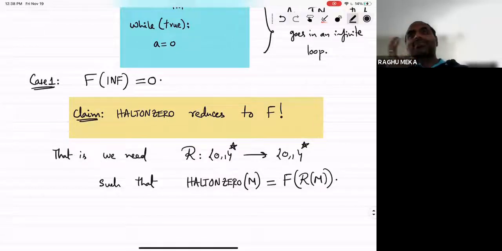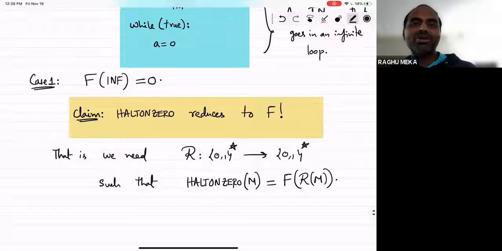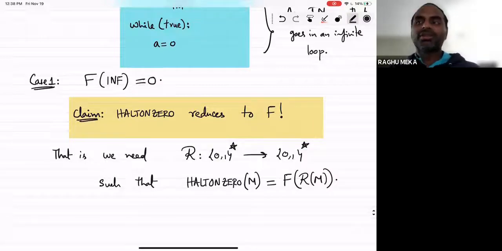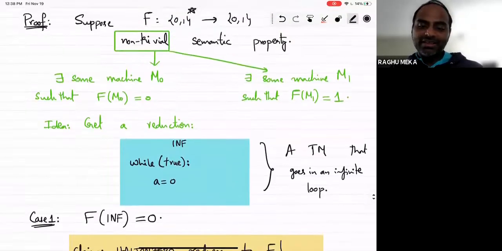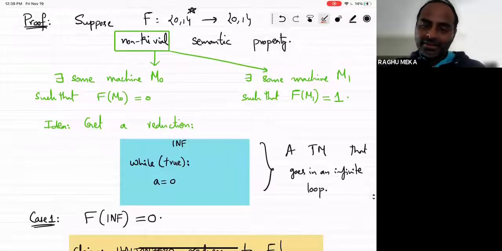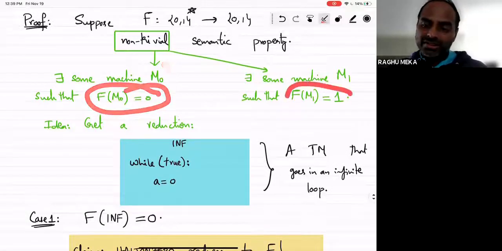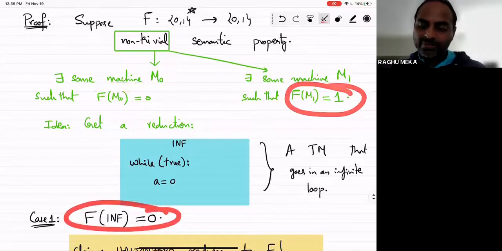Okay, this seems kind of very hairy, right? We don't know much about F. I don't even know what F is, but I'm telling you, you can come up with this reduction. How? Well, all we really need are these three things. That there is some m0 so that F of m0 is 0, there's some m1, and then this guy.